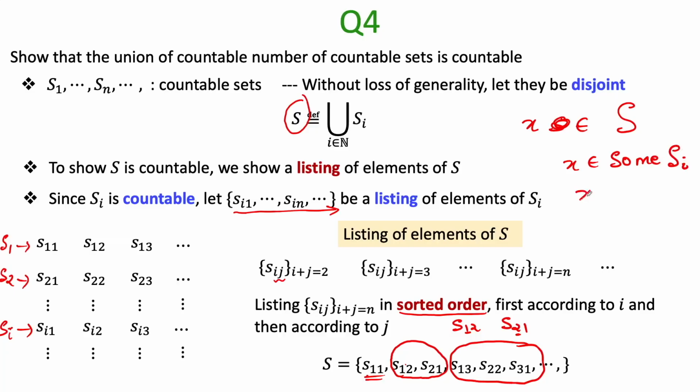That means x will be of the form Sij for some j, and i plus j will take some value in the set of positive integers, call it n. So when you are listing down all Sij's such that the summation of i and j is n, you will be listing down the element x. That's why this is a valid listing of the elements of the set S.